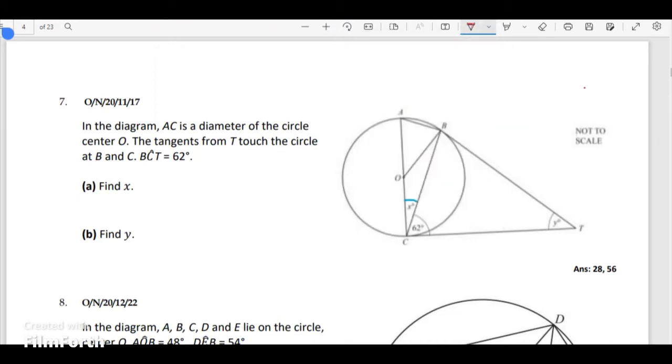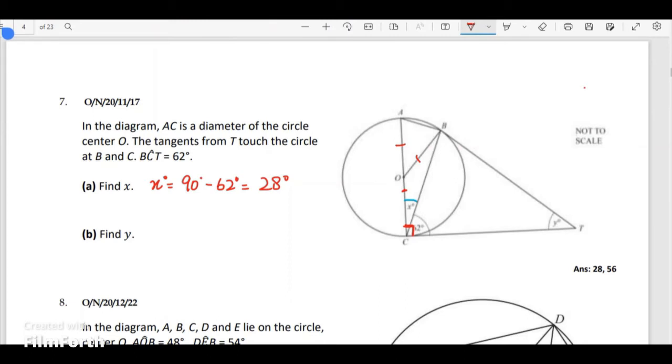This is a radius, this is a radius. The angle between radius and tangent is always 90 degrees, so this would be 90 degrees. So x degrees would be equal to 90 degrees, take away 62 degrees, and the answer would be 28 degrees.